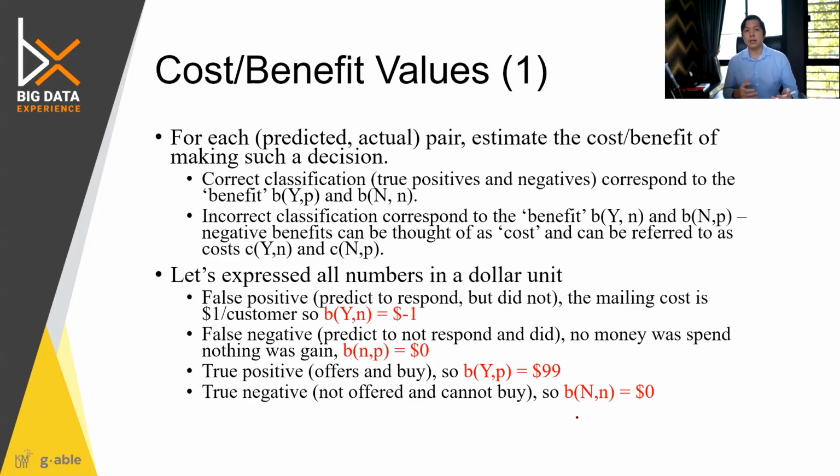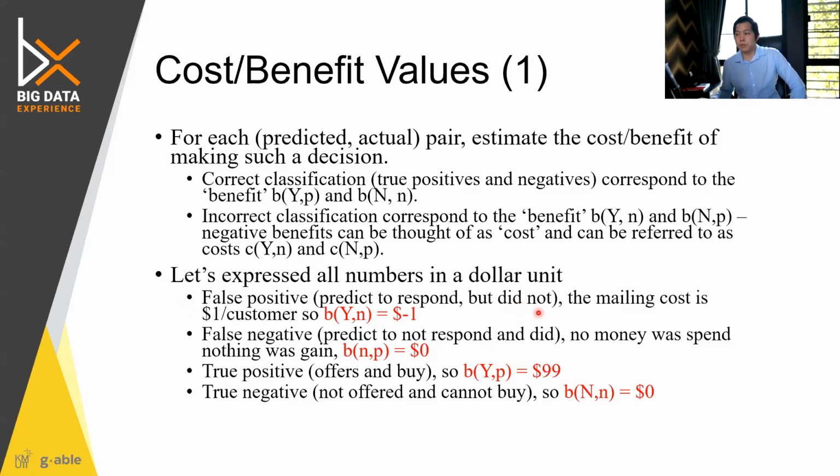You need to discuss with the sales team, the sales performance team, and business intelligence people to know this, or you need to calculate this from the data. So we need to identify the cost of each box. First, false positive. Suppose that in this case, it would be predicting a response but the customer does not respond.